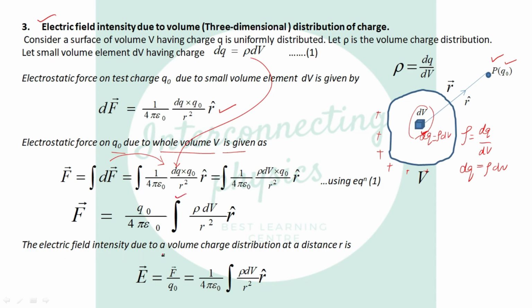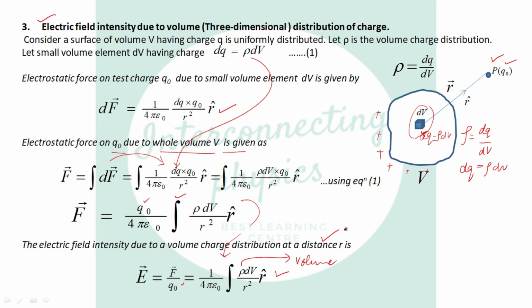Now electric field intensity due to volume charge distribution at a distance r is given by F vector over q naught. Substitute the value of F vector and q naught cancels out with this q naught. Take the constant term outside and we will be left with E vector equal to 1 over 4 pi epsilon naught integration of rho dV over r square into r cap. This rho shows the volume charge distribution.